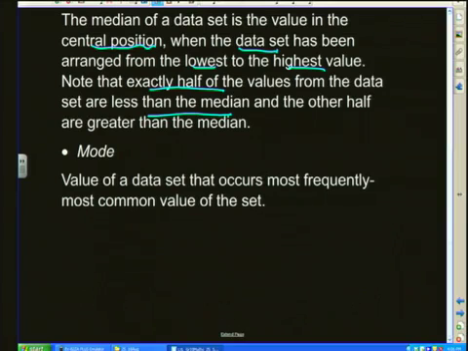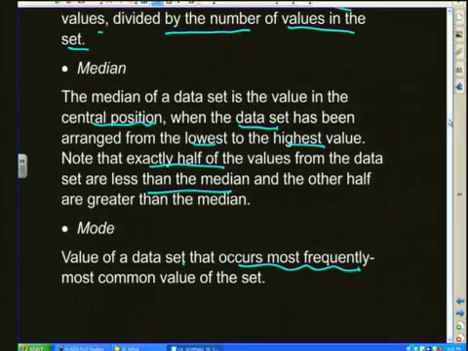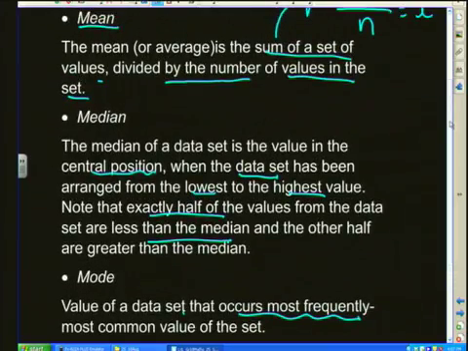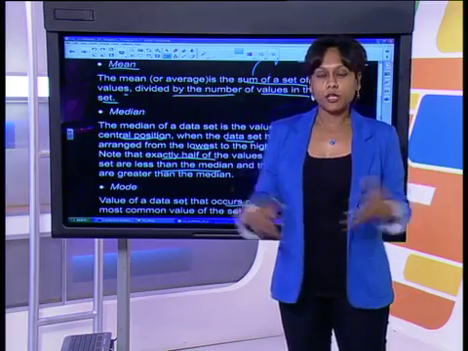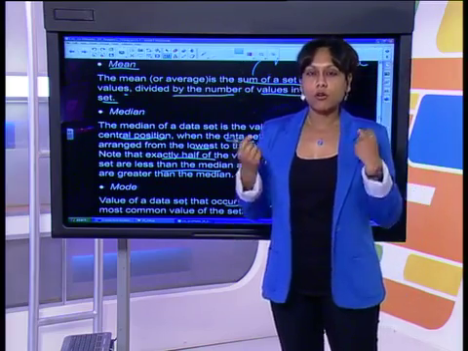Your mode, it's the value of a data set that will occur most frequently, and it's the most common value of the set. It is quite useful, especially in market research, when people are asking you what's your favorite cool drink, etc. They can get an idea of what product people respond to quite well.